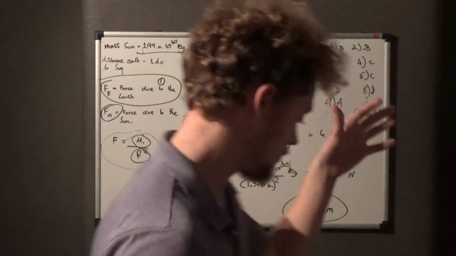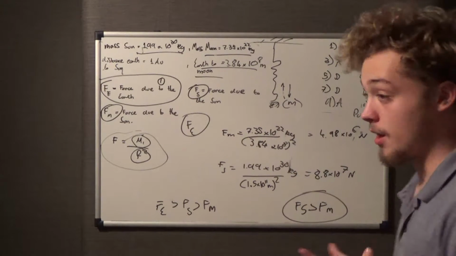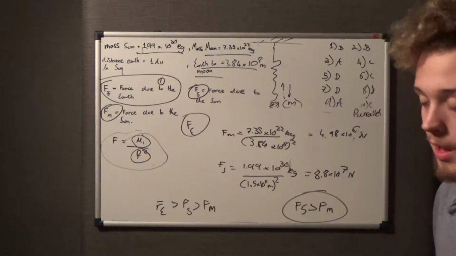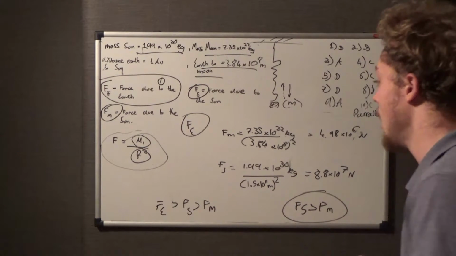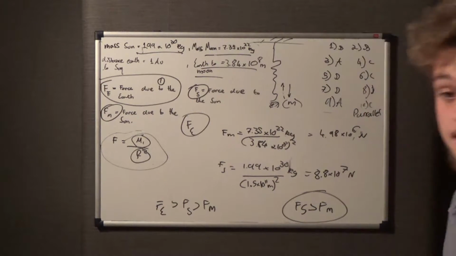The reason I paused it and wrote all this up is that in my model answers, the person who wrote them, I do check them, but obviously they're likely to be right, but in this case they're not. He didn't square the distances, and he got exactly the same answer.